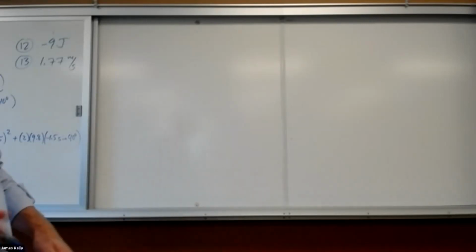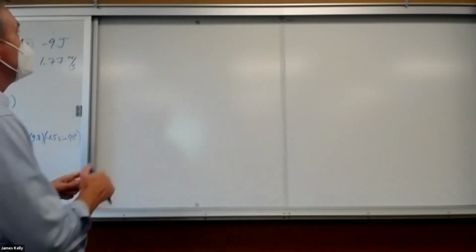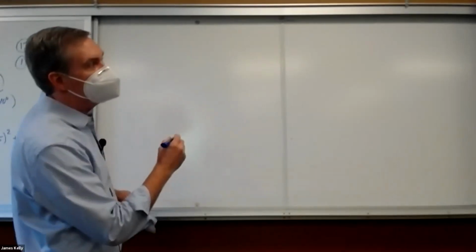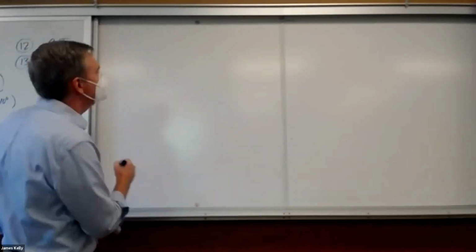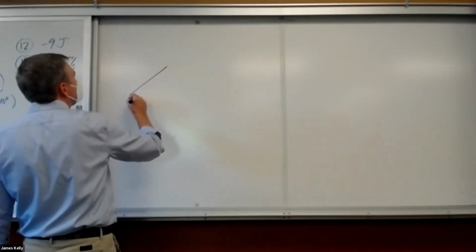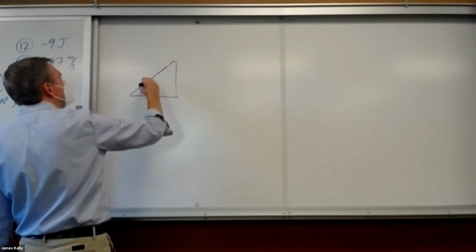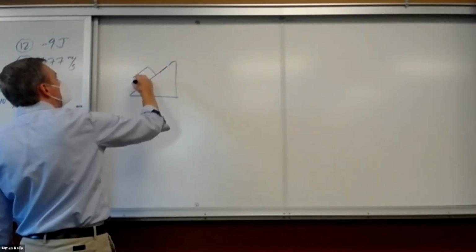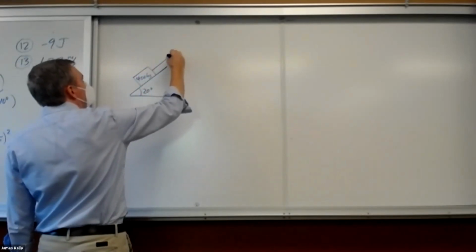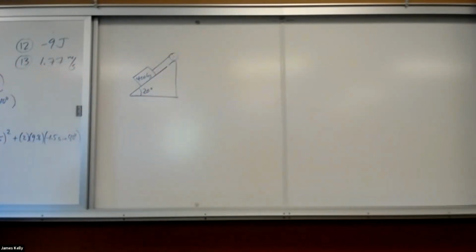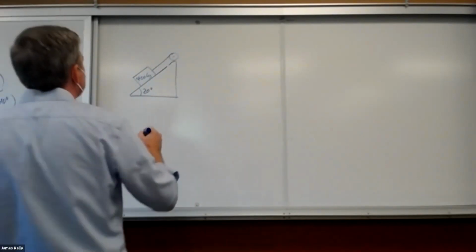So let me draw a little cartoon over here since people at home can't see this anymore. 20 degrees, 400 kilograms. Doesn't look like 20 degrees, does it? 400 kilograms. I've got a rope force. Here's my winch up here, winding in the rope. And it's being raised at what rate here? 2 meters per second.